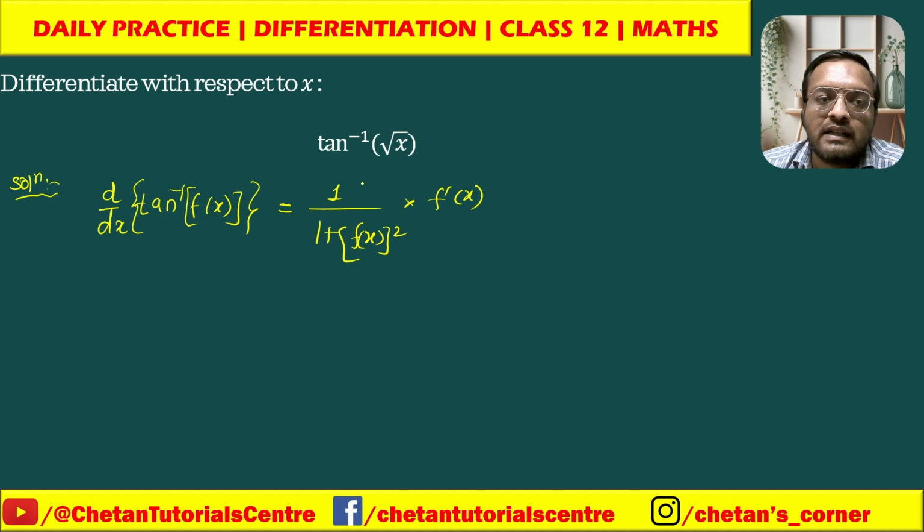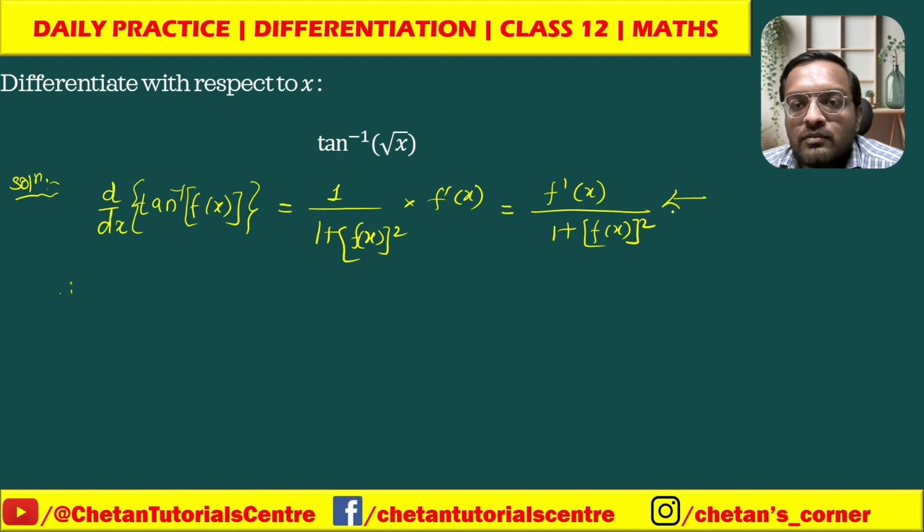So in this way we apply the chain rule and differentiate this given standard inverse trigonometric composite function. On further simplifying, what will I get? f dash of x divided by 1 plus f of x bracket square.